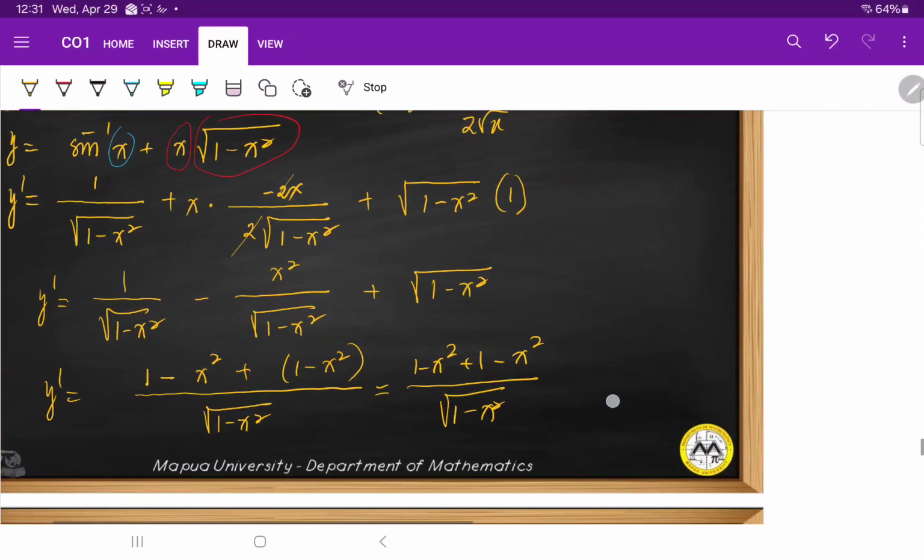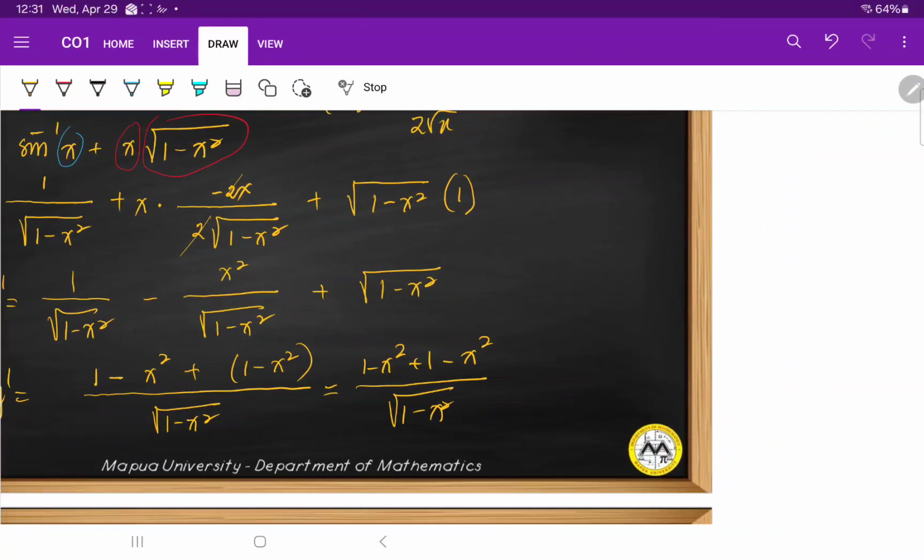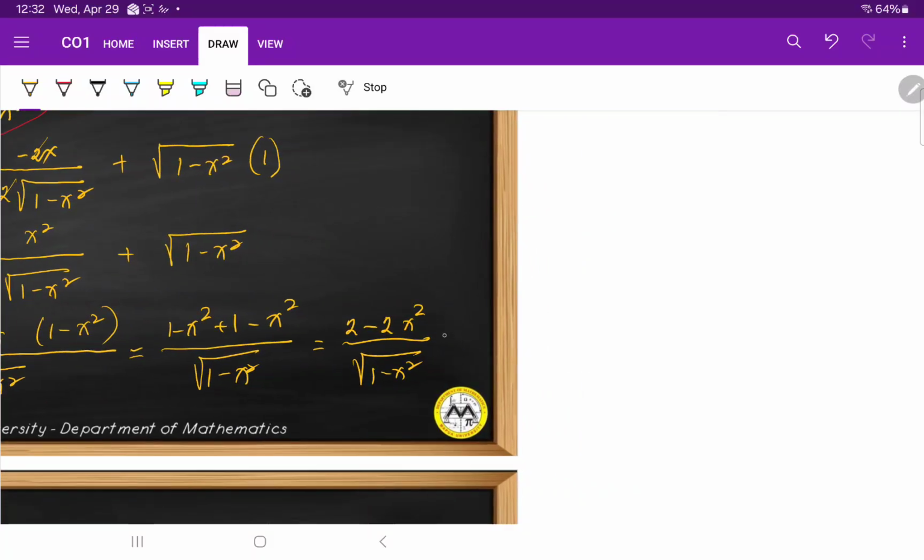So what happened? 1 minus x squared plus 1 minus x squared. This becomes 2 minus 2x squared over the square root of 1 minus x squared. Now here we could factor out 2. Let's make this a little bit smaller.